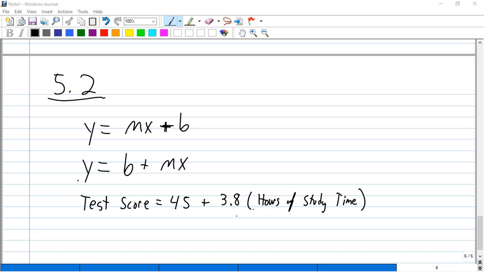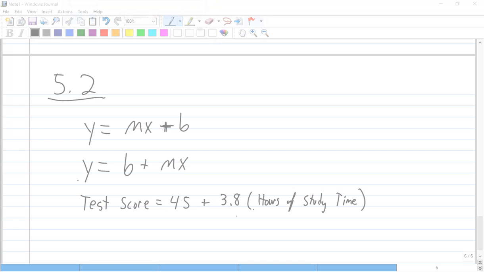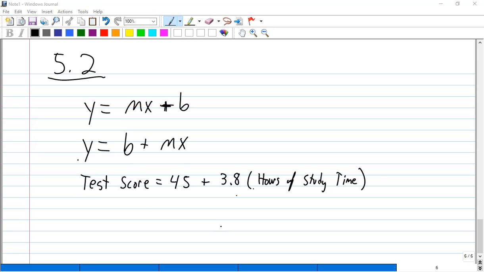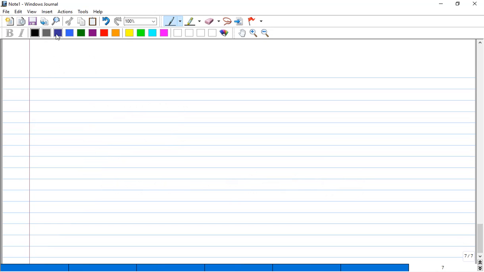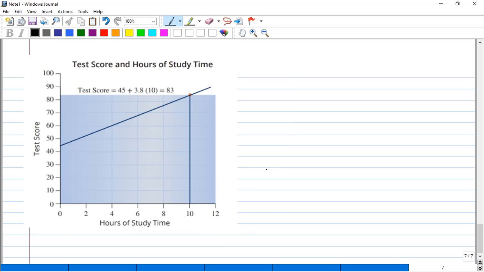All right. So here is a graph of this mathematical model. So it shows hours of study time, see here at 0, and then here at 10 hours, it shows a prediction of what you would make on the test.